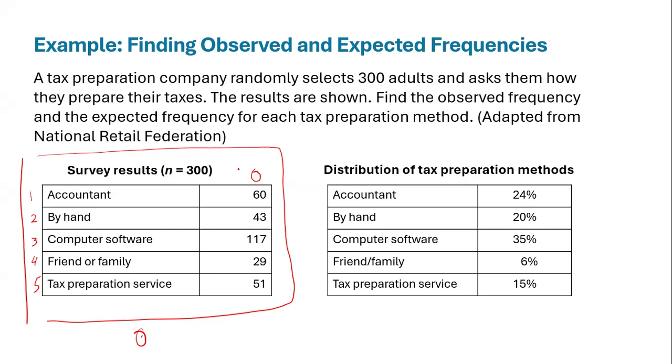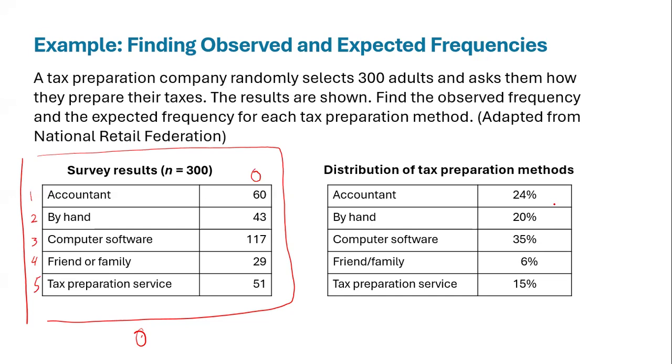Now, to find the expected frequency, we need to know if we have equal expected frequency or not equal. It never mentioned that we have equal expected frequency. It's just given to us a table which shows the distribution of tax preparation methods from past studies.